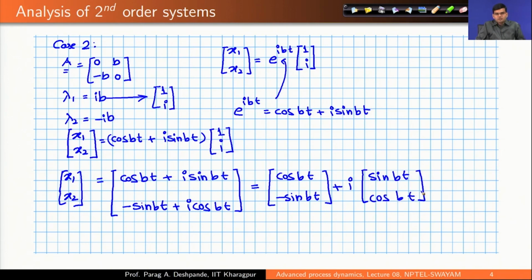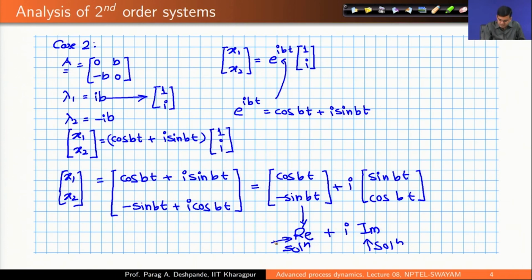So, what you see here is that I have solutions which are complex numbers. So, I can write this as real part of the solution plus imaginary part of the solution multiplied by i. And it is not very difficult to show this by simple substitution, that the real part is a solution and the imaginary part is a solution individually.